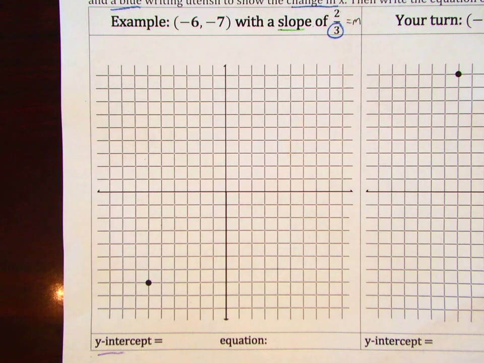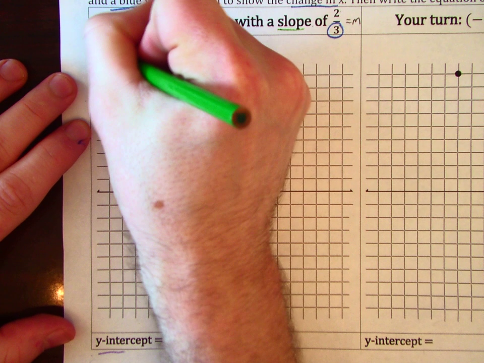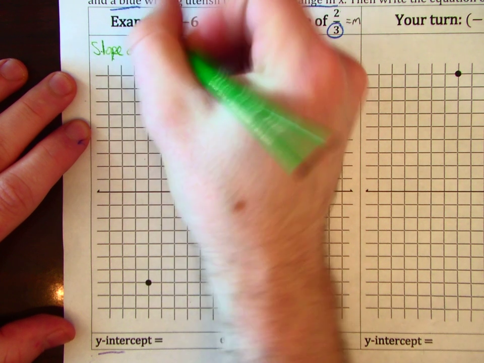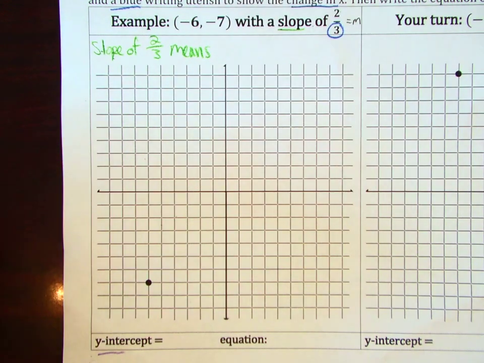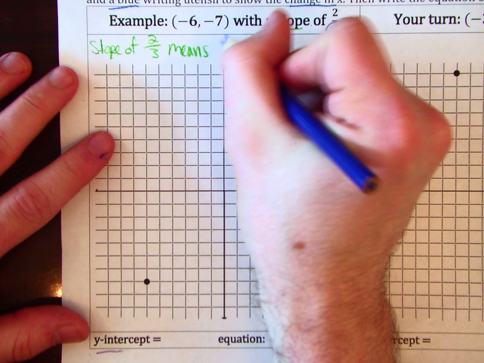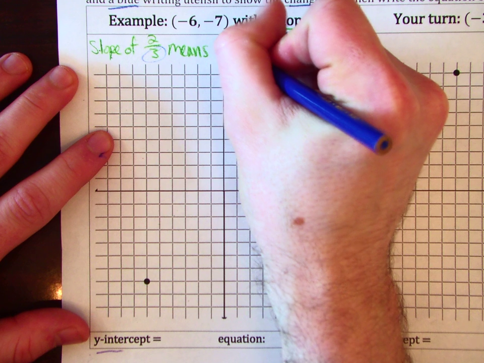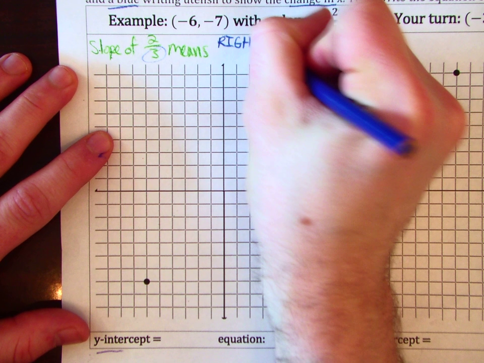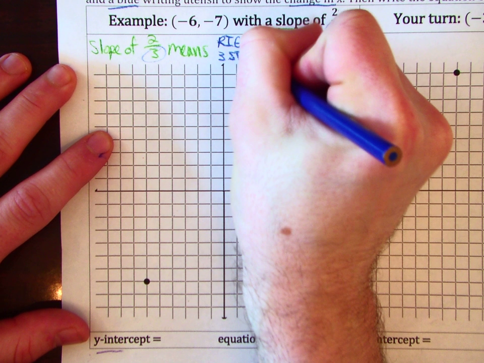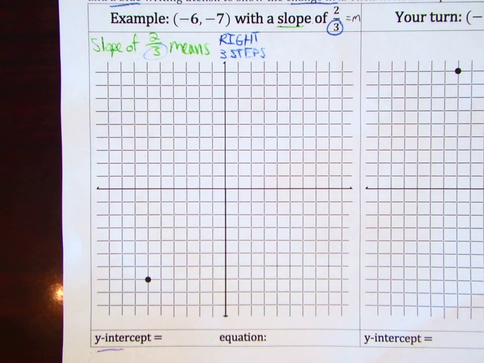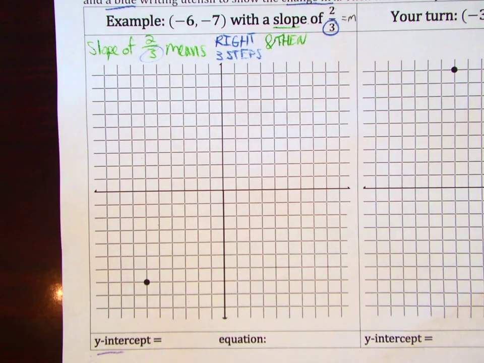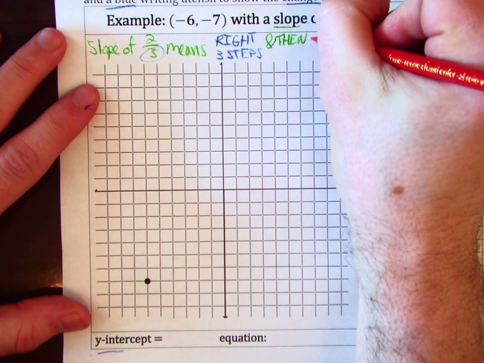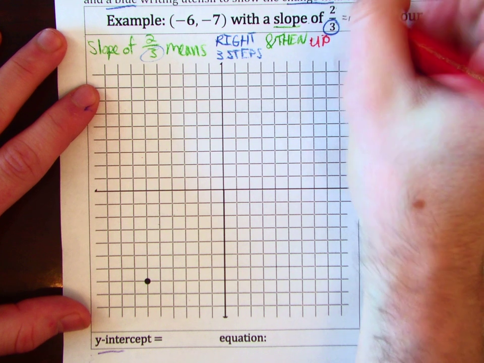So what that means is this: a slope of 2/3 means, and I'm writing that in red because that's what I'm working with, we go right 3 steps, and then with red, our change in y, we go up how many steps? 2.